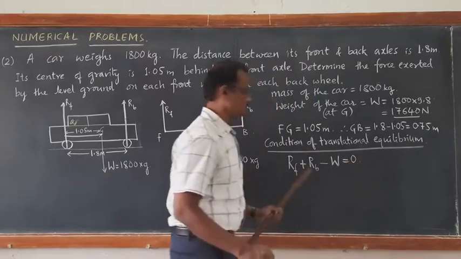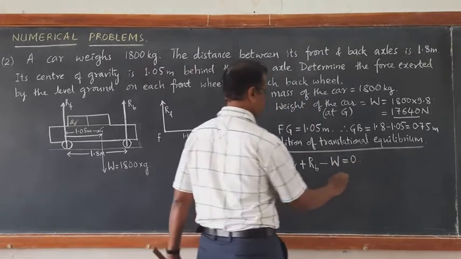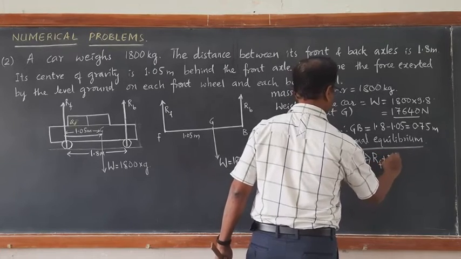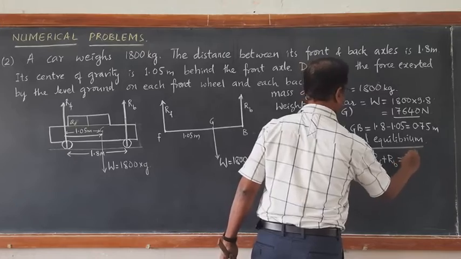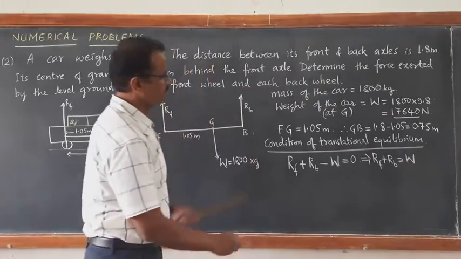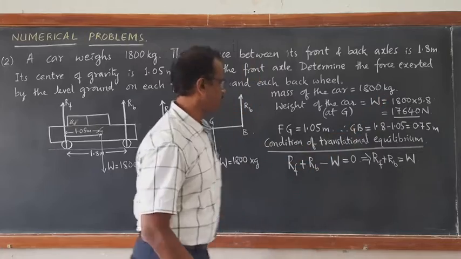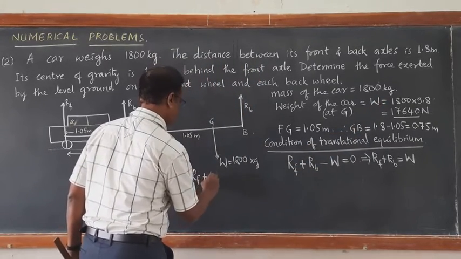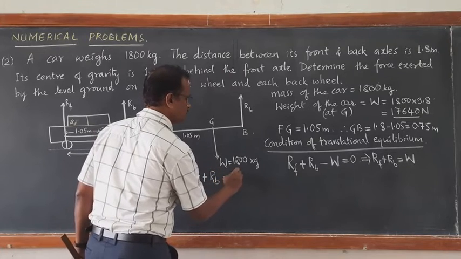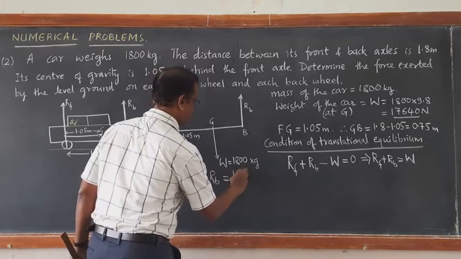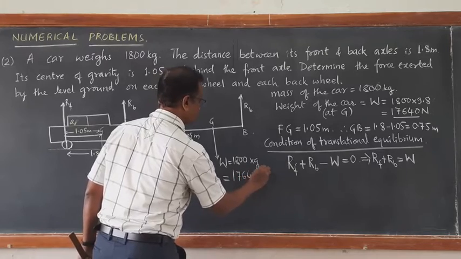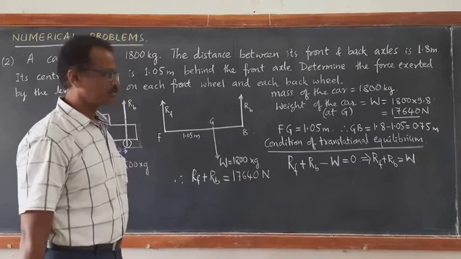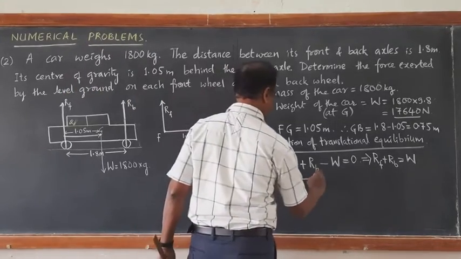So this must be equal to 0. Therefore, this implies RF plus RB equal to weight of the car, that is m into g, which I have already calculated. Therefore, we get result RF plus RB equal to 17640 Newton. That is 1800 into 9.8. It gives us 17640 Newton. Call this equation number 1.